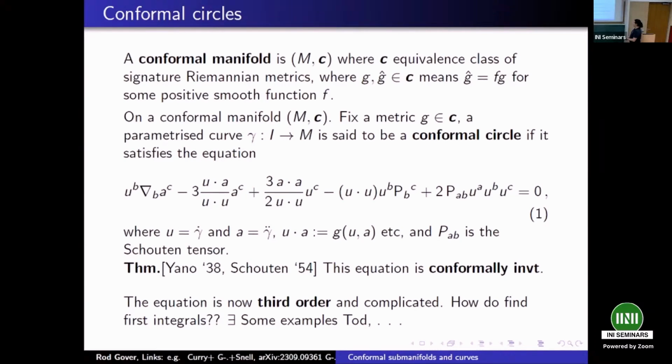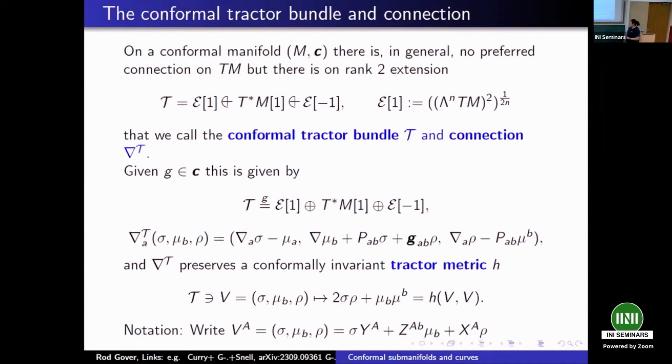Some examples prior to our work were written down by Todd and also some Japanese authors, some first integrals, but there wasn't a conceptual approach. So I want to think of that as a motivating problem for studying both the geodesic equation, but then also finally submanifolds, and I'll come to that.